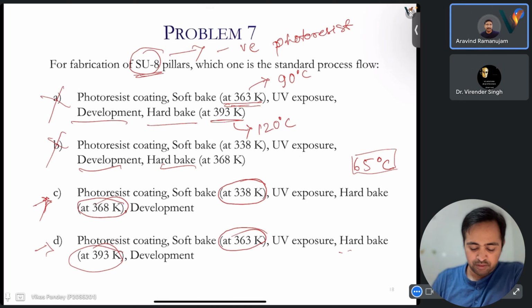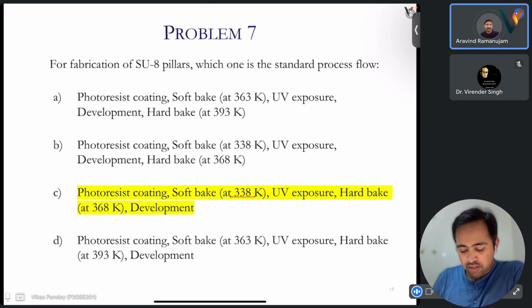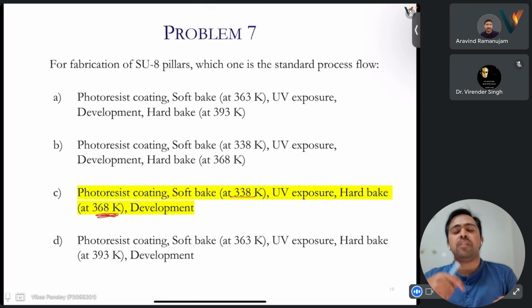Okay. Because it is 65 degrees Celsius, so C is correct. So what is the correct value for this hard bake then? 95 degrees.